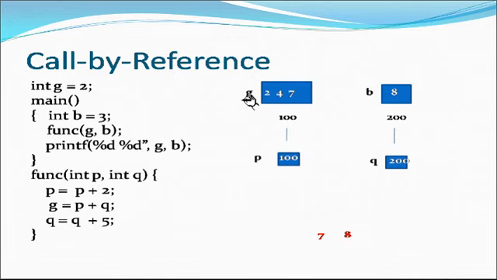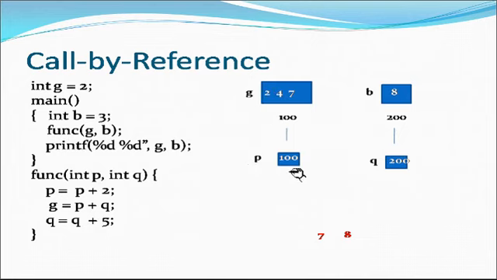In other words, the actual and the formal parameters are tightly interlocked with each other because they share the same location. Now, what is this 100? This is a name just for our convenience. This is a memory location whose address is 100, and this is a memory location designated as B whose address is 200. So in call by reference, we don't copy the value, but we copy the address.